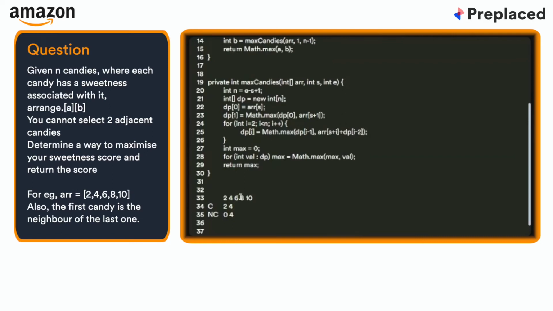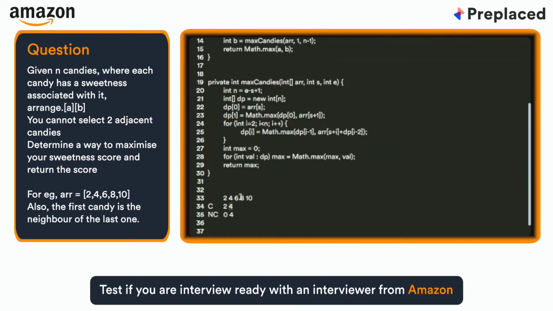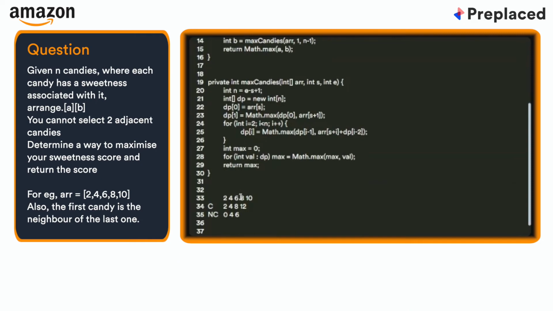In the consider section, I cannot consider this one, so 8, and here it will be 6. Here my 8 at index, okay, it will be 12, or here it will be 8 plus 4, that is 12.